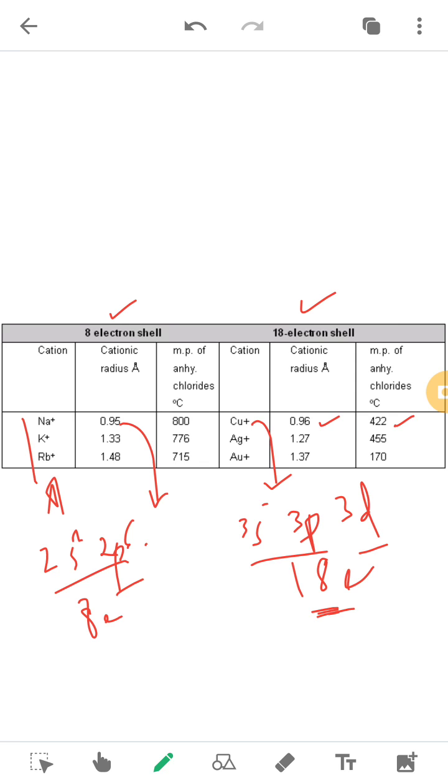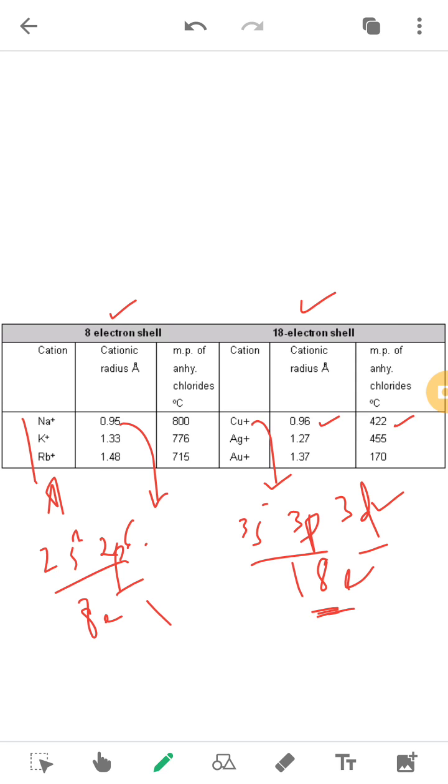As you have d electrons in these atoms, in the transition elements, the d electrons do not have so much shielding effect. There are poor shielding effects, and thus these electrons are attracted towards the nucleus more. So it can deform the anion easily.